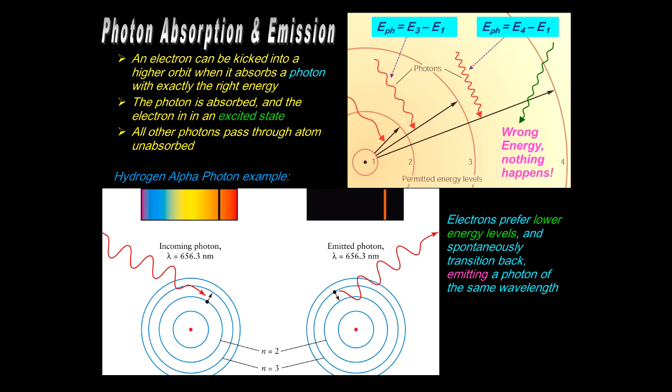They don't like to remain in high energy conditions. So the electron will spontaneously transition back, and when it does, it goes from level 3 to level 2, which is the same amount of energy transition, and it will now emit a photon of that exact same wavelength. And that's how we get an absorption line and an emission line at the same wavelength, respectively.